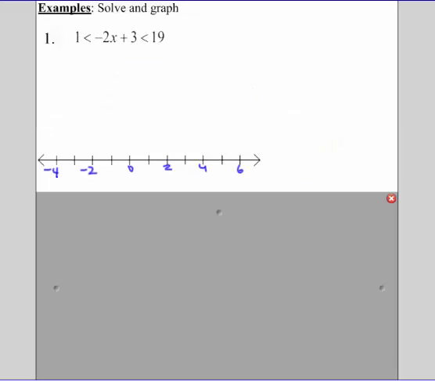Now let's solve inequalities. If we only look at the right half, what would our first step be? Subtract 3 from both sides. Now, let's look at the left half. What would our first step be? Subtract 3 from both sides. With a compound inequality, we just subtract 3 from all three parts at the same time.